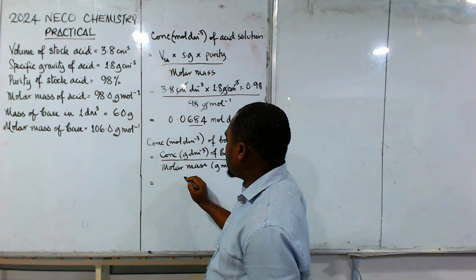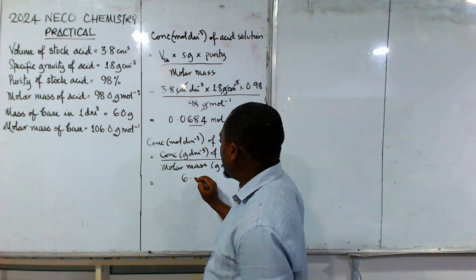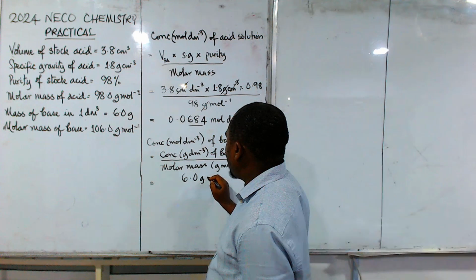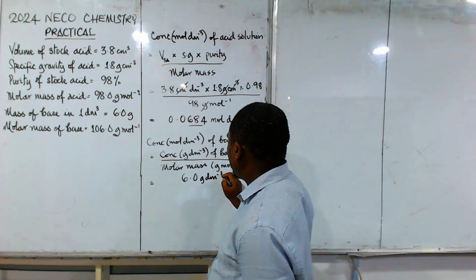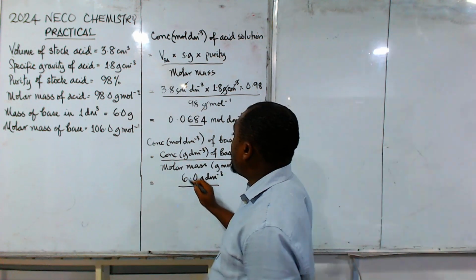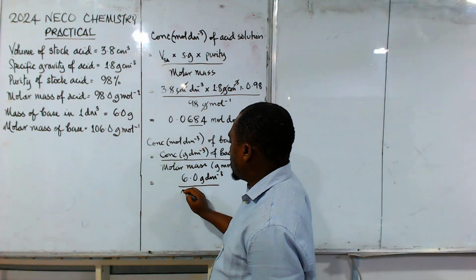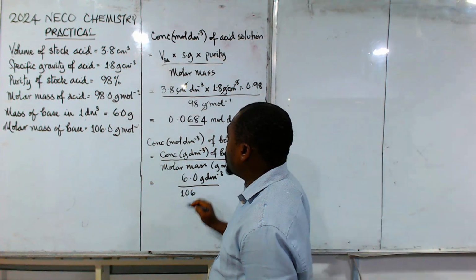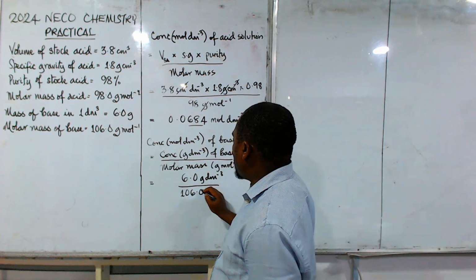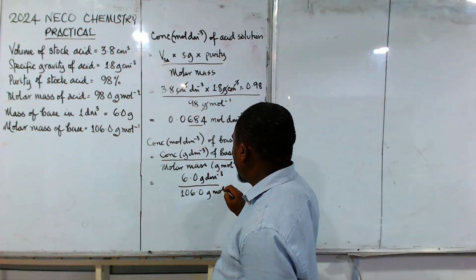So what is the concentration in grams per dm cube here? That is 6.0 grams per dm cube divided by what is the molar mass? That's 106.0 grams per mole.